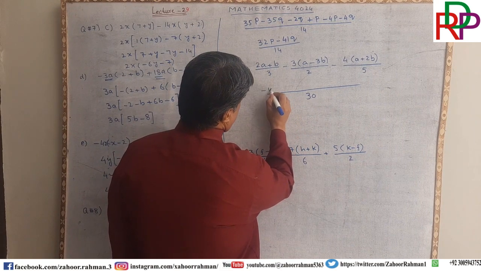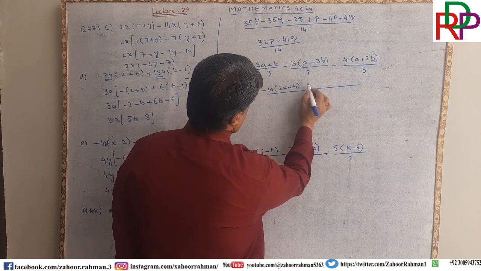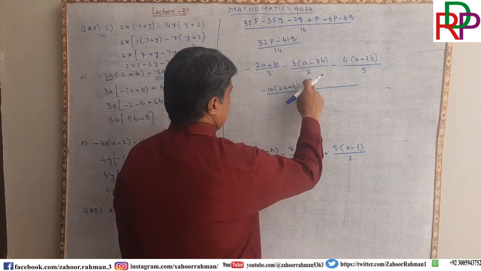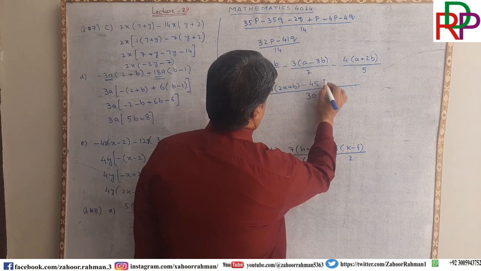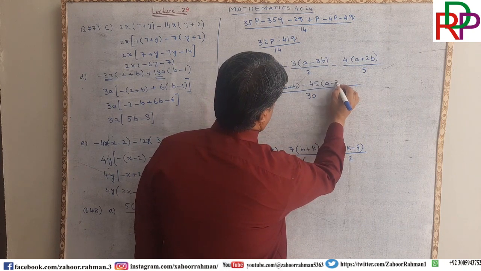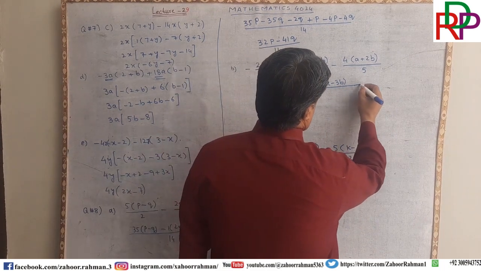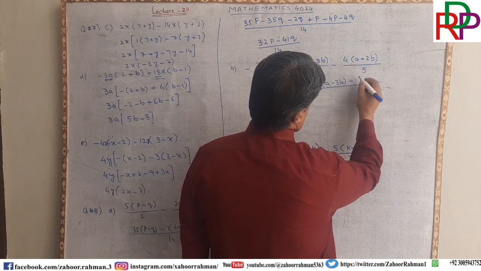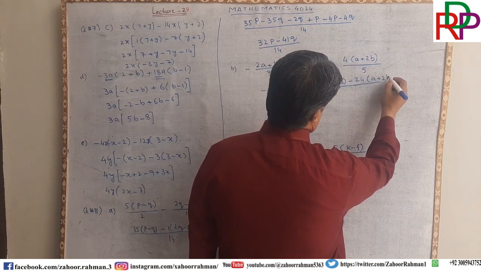So minus 10 into 2a plus b. Minus will come in its place. When 30 is divided by 2, it gives 15. 15 3s are 45, and then a minus 3b. And then when we divide this 30 by 5, 6 4s are 24, and a plus 2b.